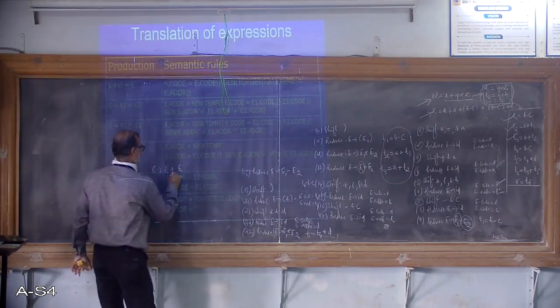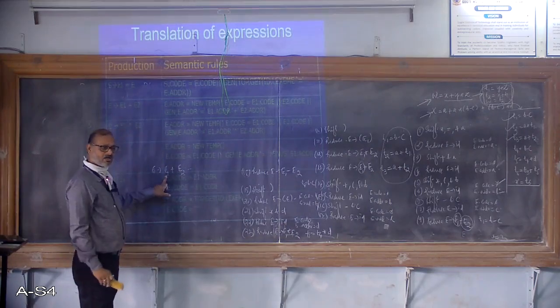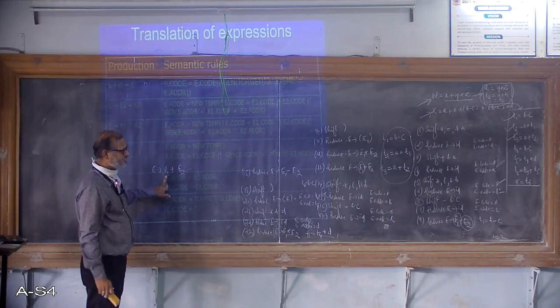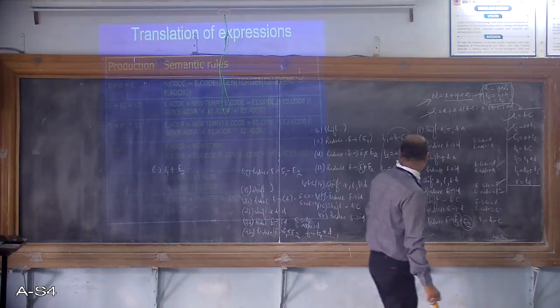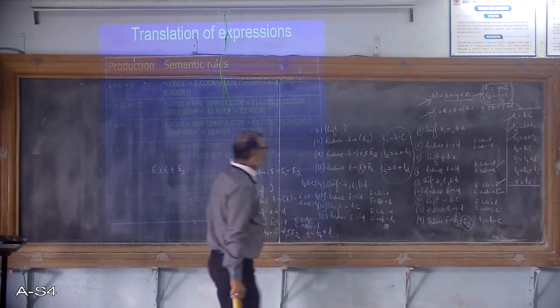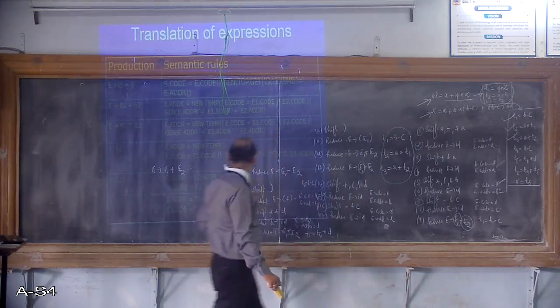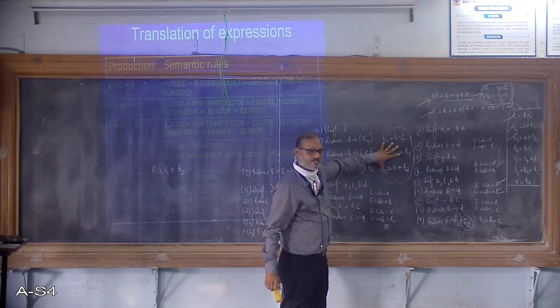Now see here, I have E1.address. My E1.address is T3, that is here. And E1.code is this sequence.